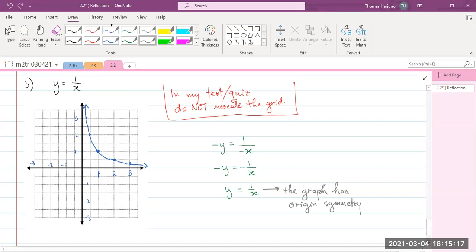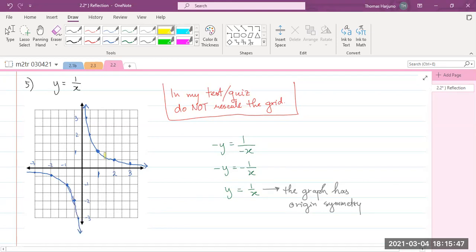Okay, so let's reflect whatever coordinates we have there. 1, 1 becomes negative 1, negative 1. 2, 1 half becomes negative 2, negative 1 half. 3, 1 third becomes negative 3, negative 1 third. That's what the graph approximately looks like.